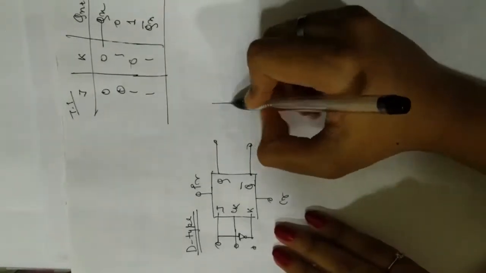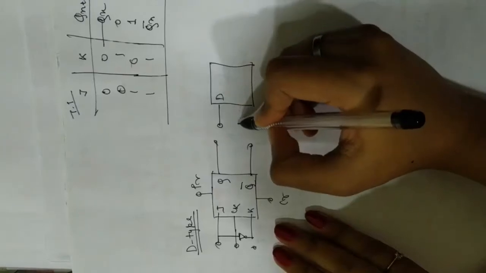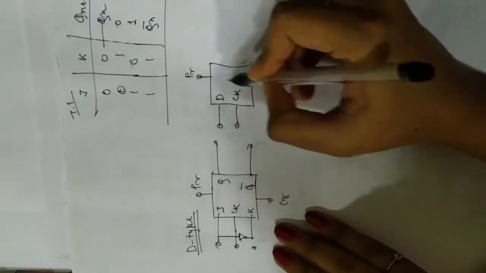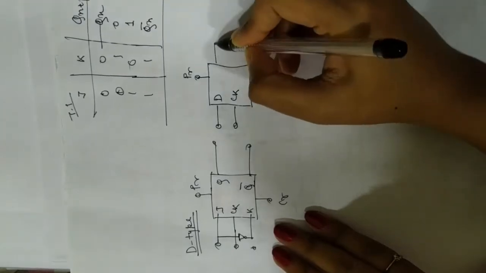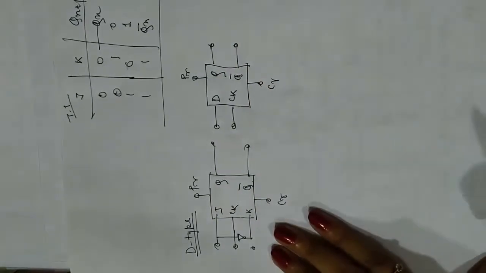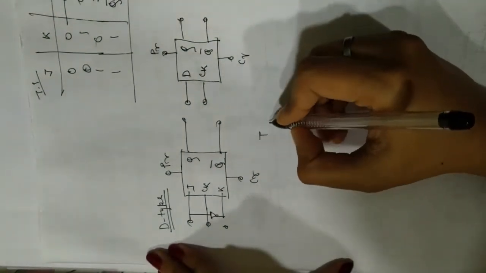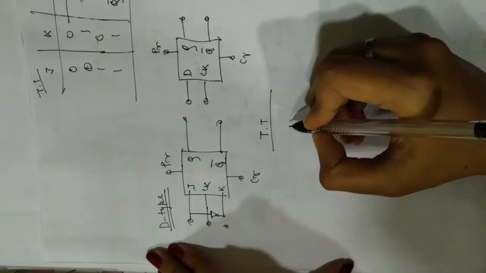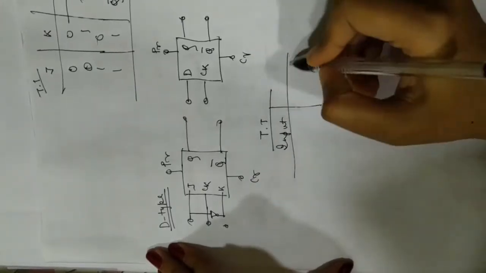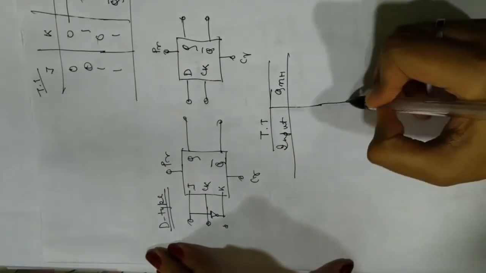If you want to see the logic symbol of a D-type flip-flop, it is like this: D, CK, PR, CR, Q, and a Q bar, right? So now if we have to write the truth table of a D-type flip-flop, it is a single input circuit, and we just study the output of the QN terminal.